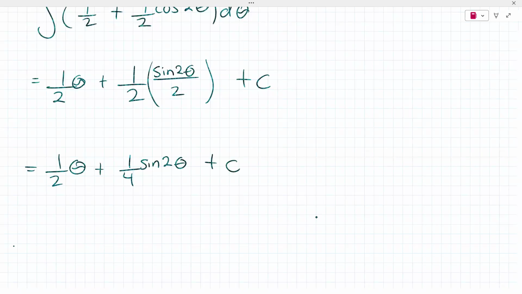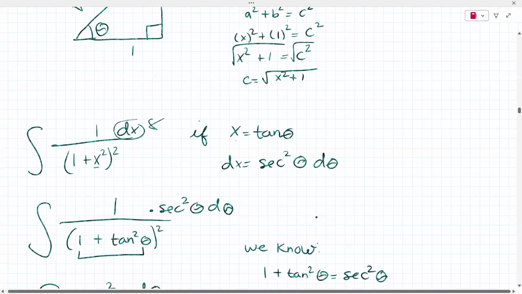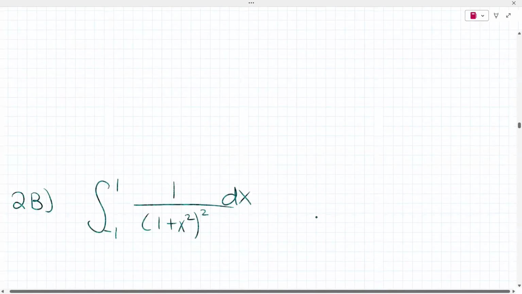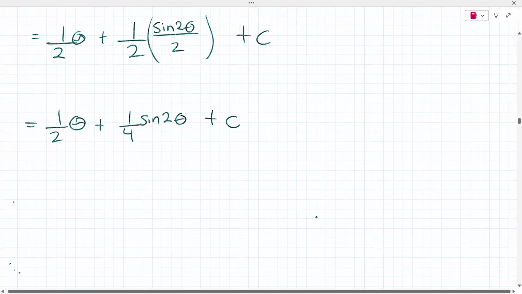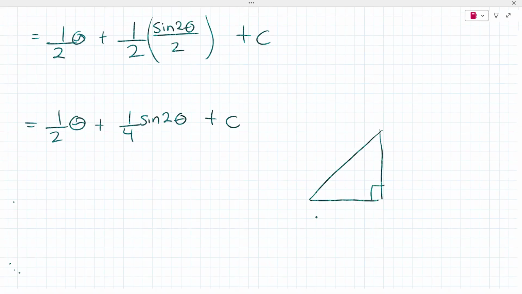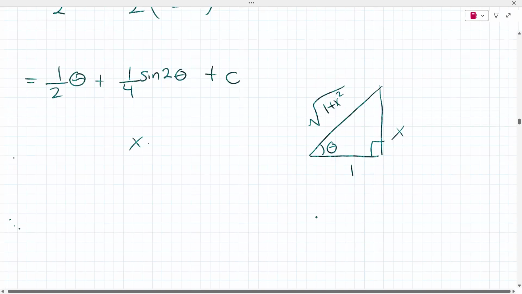Oh, that can't be our final answer because we're in terms of theta. What did we originally have? x. So our final answer has to be in terms of x. We're going to have to do some substitution. Let me draw the triangle again. Here's theta, this is 1, this is x, and we found the hypotenuse, which is the square root of 1 plus x squared. We also know that x equals tan theta.